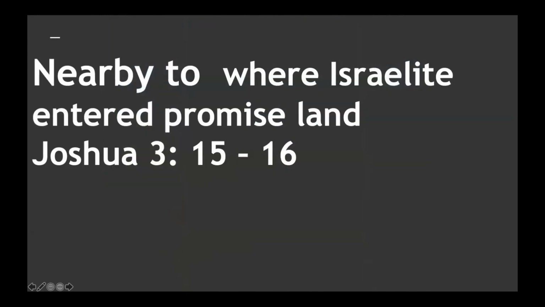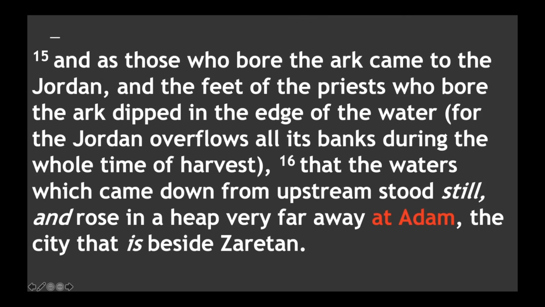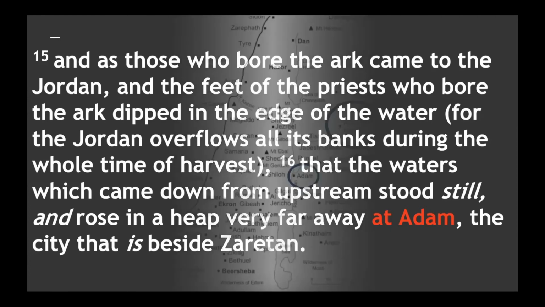And we're going to read in Joshua 3:15 to 16 what happened too. They entered the promised land, remember, with the Ark of the Covenant, and far away at Adam, a heap from Adam and Zarethan. We know where these locations are. Let me show you.